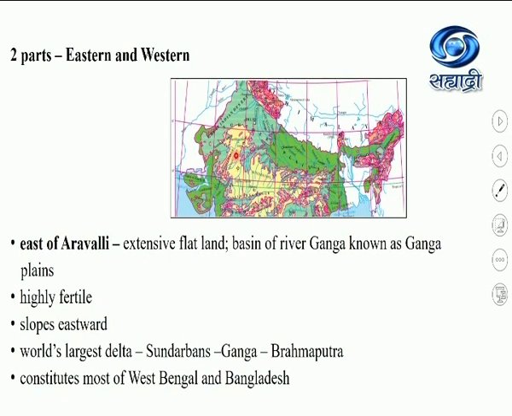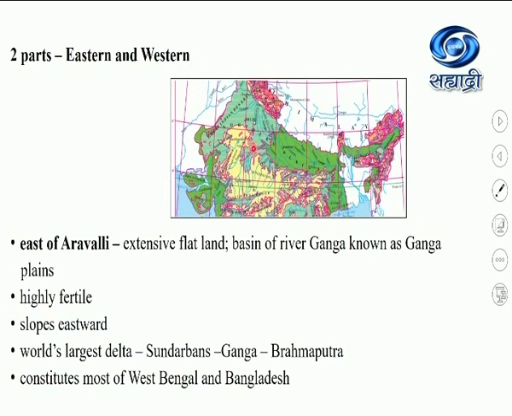Here we have the Aravalli ranges, which are again one of the oldest fold mountains of the world. Towards the east of the Aravalli lies an extensive flat land where river Ganga and its tributaries are draining, and thus it is known as the Ganga Plains.